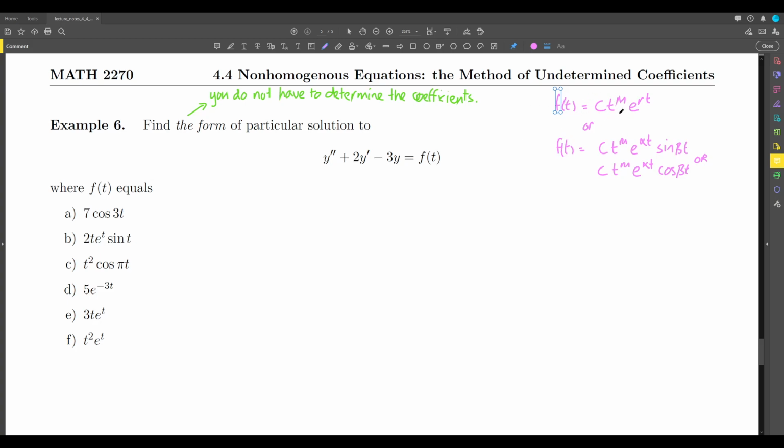So those are the two right-hand sides that we want to compare this to.